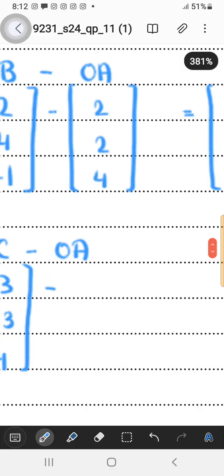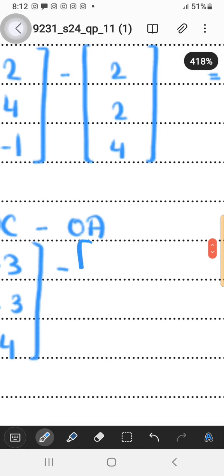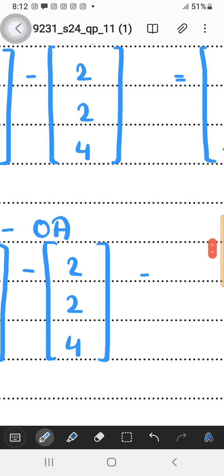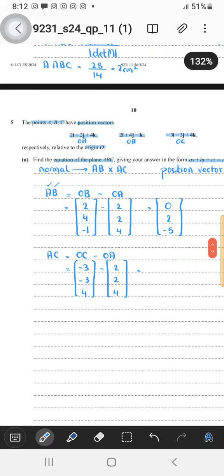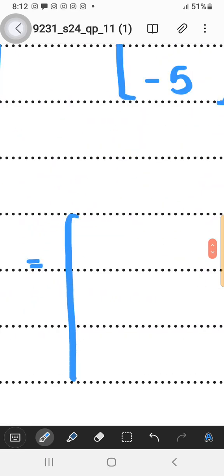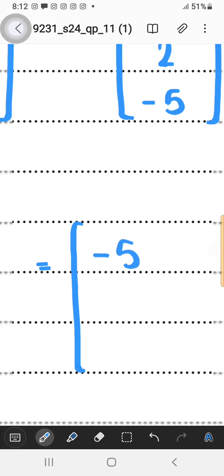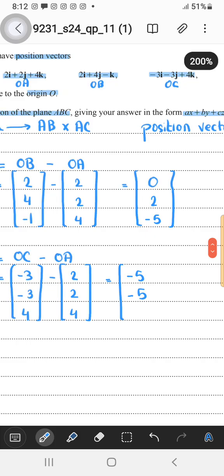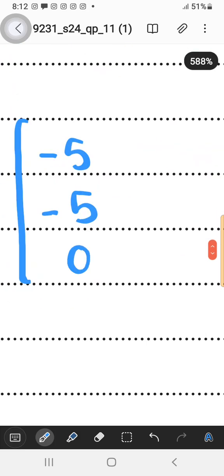We can copy out OA, 2, 2, 4. Okay. Now we can get our AC as minus 3 minus 2 is minus 5. Then minus 3 minus 2 is again minus 5. And then 4 minus 4 is 0. Okay.